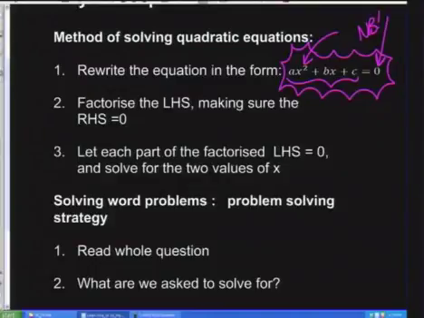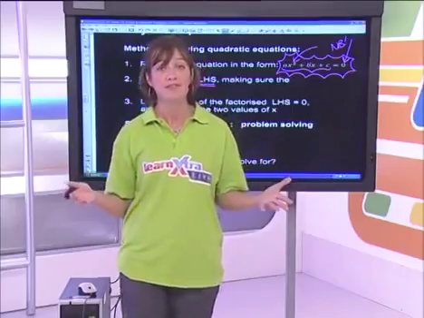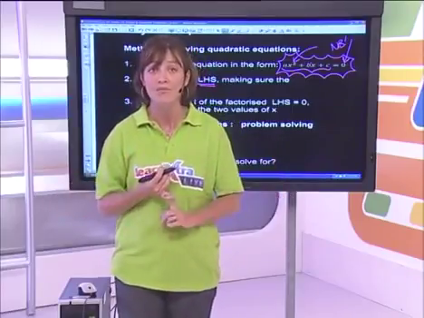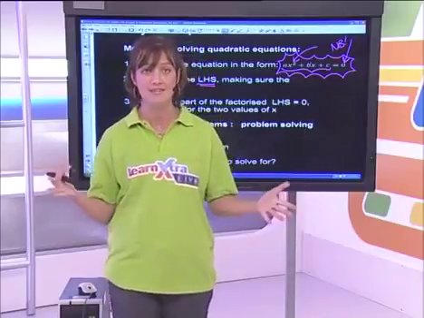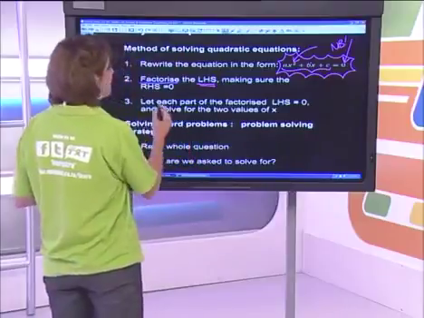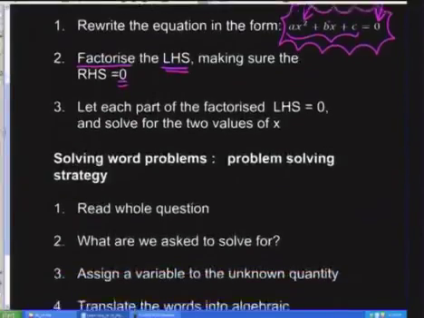Once it's in that form, the next step is that we are going to factorize the left-hand side. So whatever is on this side over here gets factorized, and we do that by the various methods of factorizing: highest common factor, difference of 2 squares, trinomial, whatever is necessary. And we again make sure the right-hand side is equal to 0.